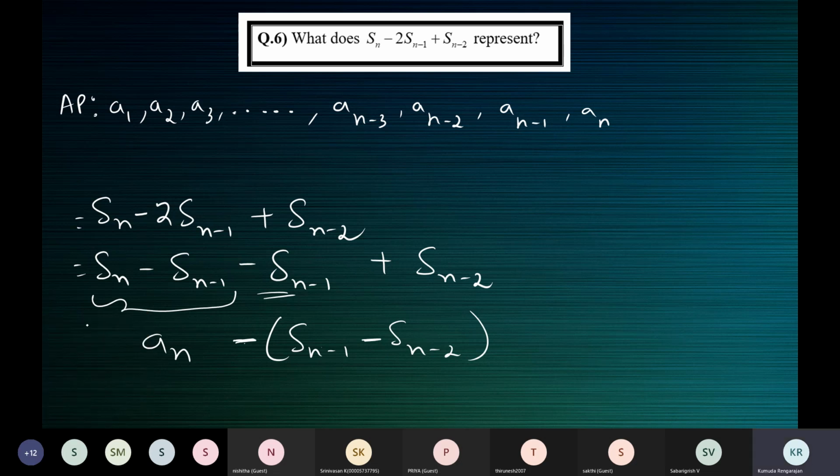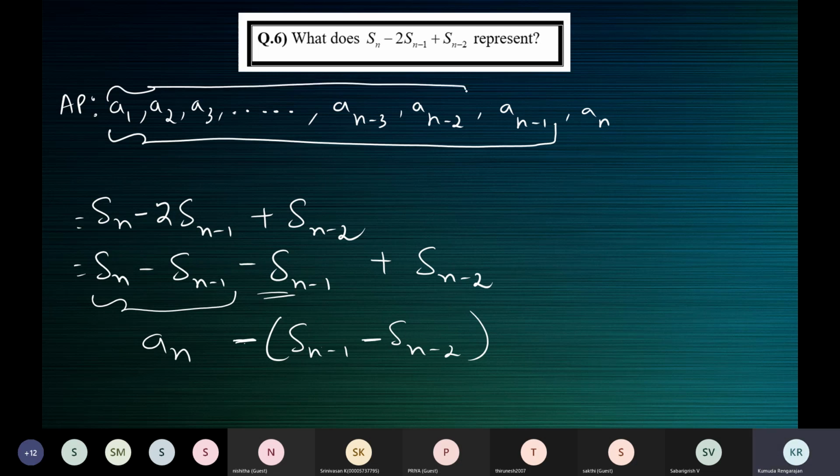Now Sn minus 1 is the sum of all the terms from the first to the n minus 1th term. Sn minus 2 is the sum of all the terms from the first to the n minus 2th term. The difference between these two will be an minus 1.